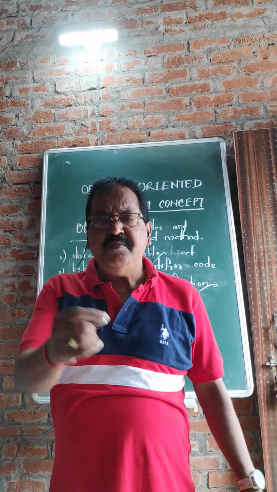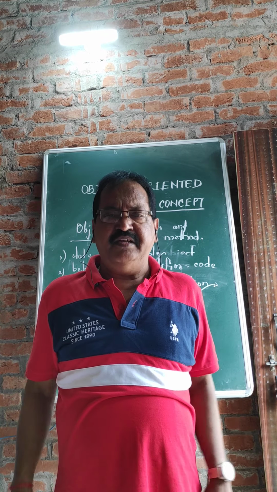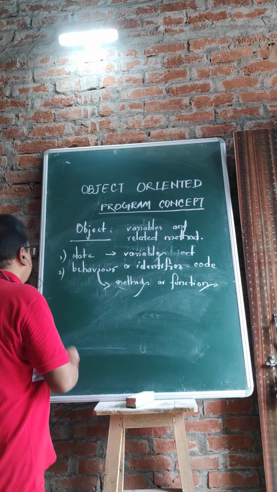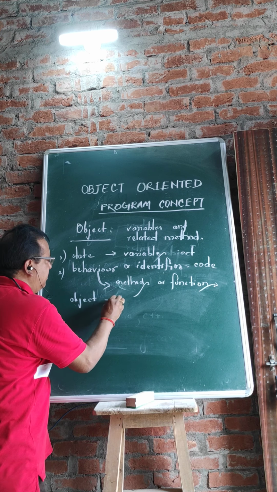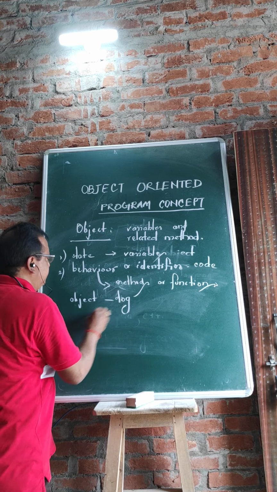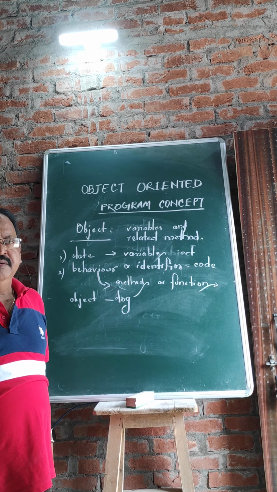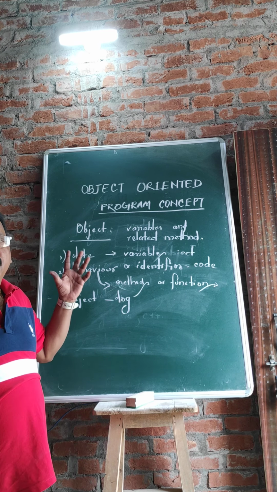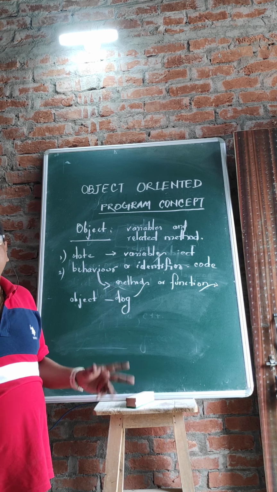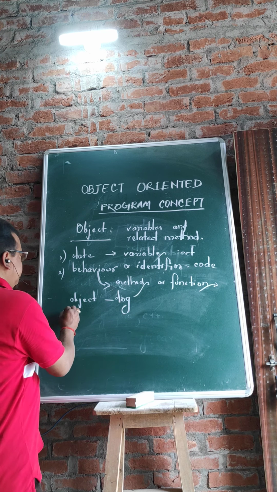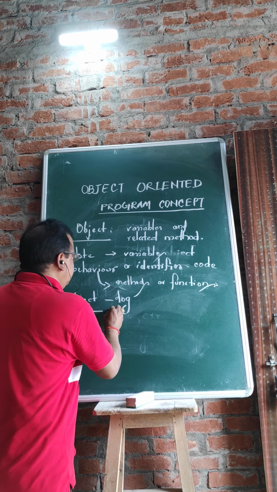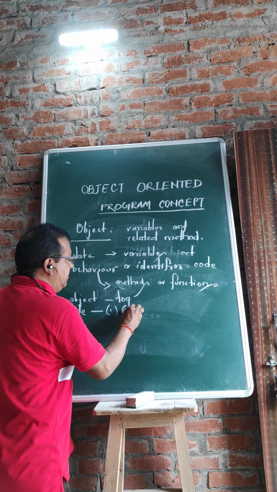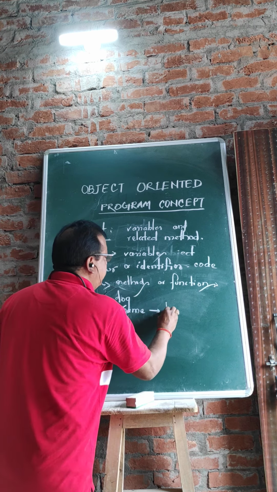Okay students, let me give a real-time object. Let us consider this object called dog. Let us see what variables describe the state of a dog. First is name, Blackie.